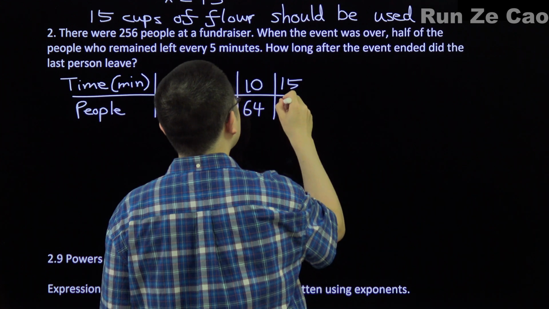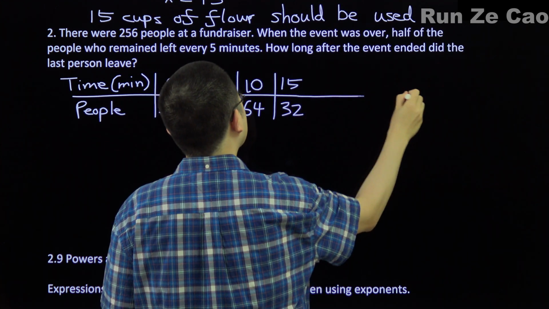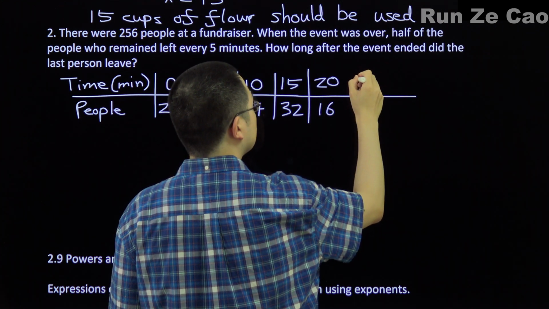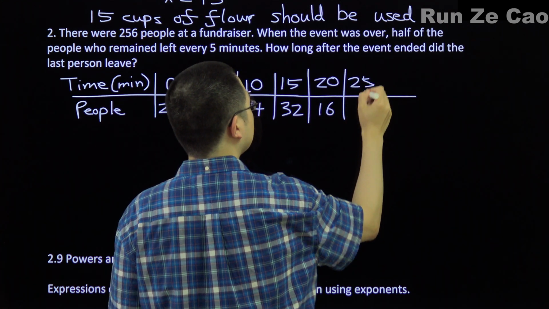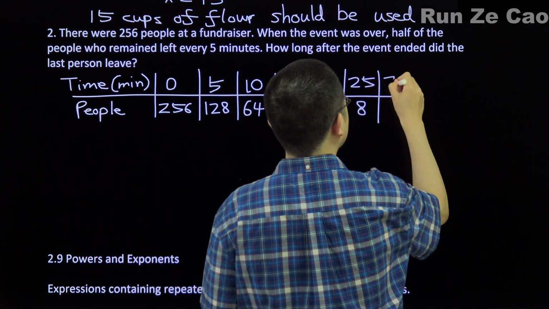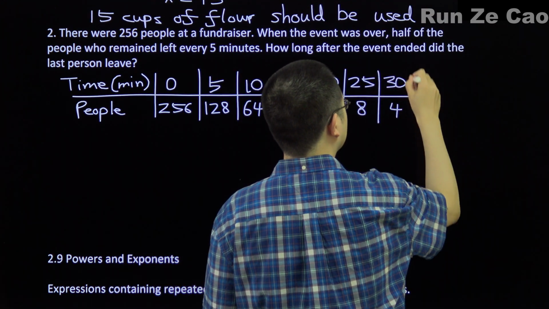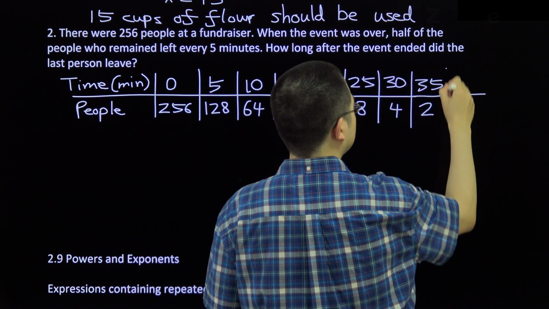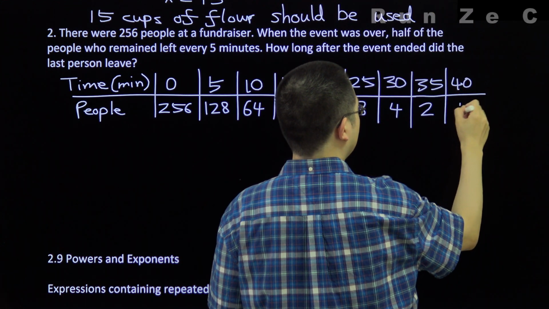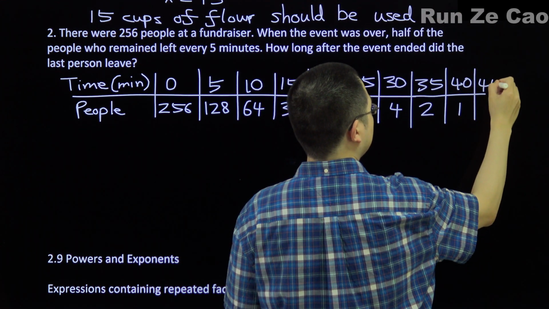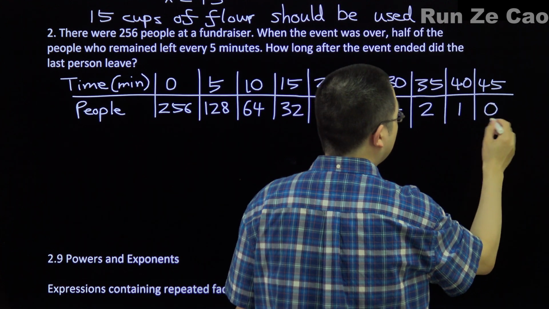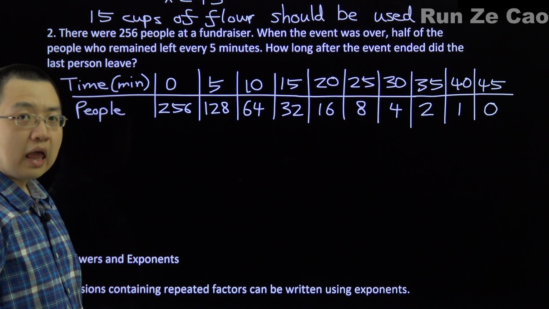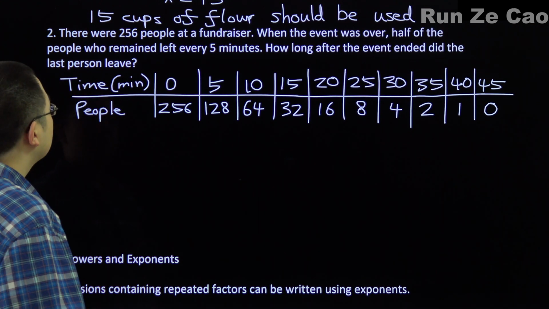Of course, if you want to use a table, go ahead, I guess. 20, 16, 25, 8, 30, 4, 35, 2, 40, 1, and 45, presumably the last person left. Because I don't think half of the person would have left.